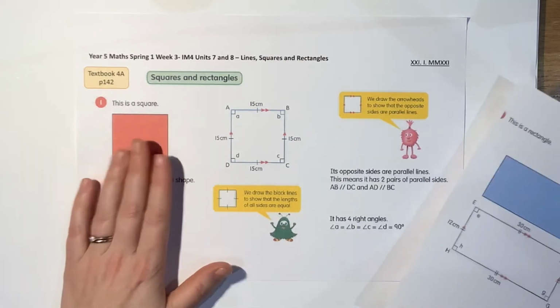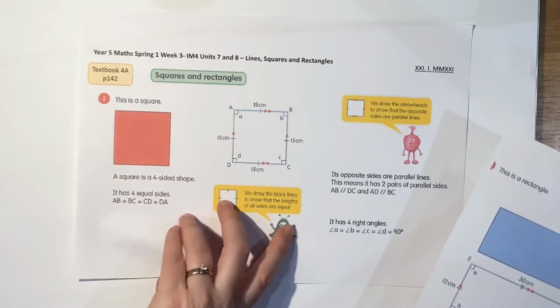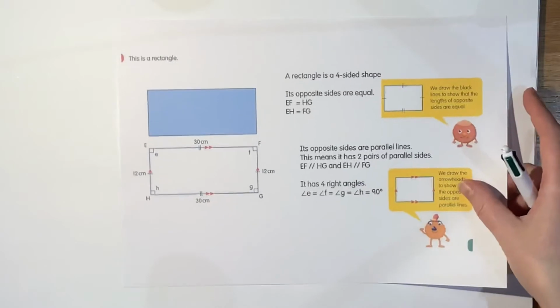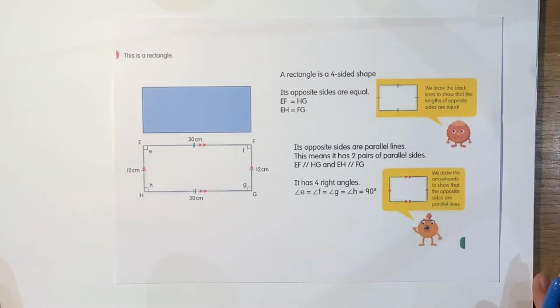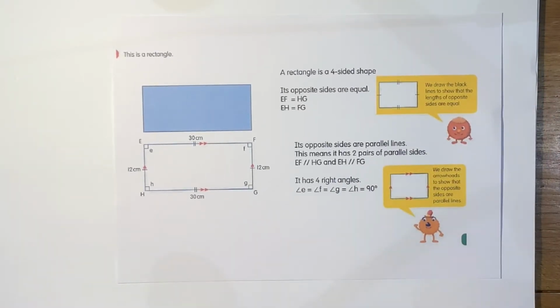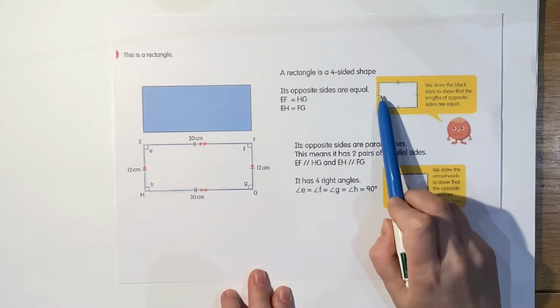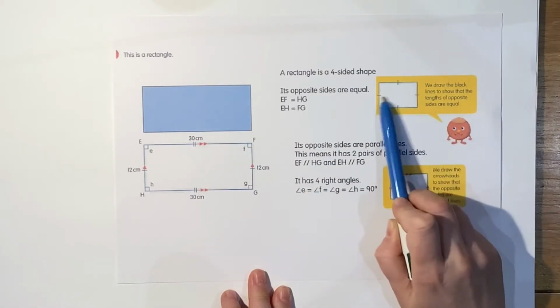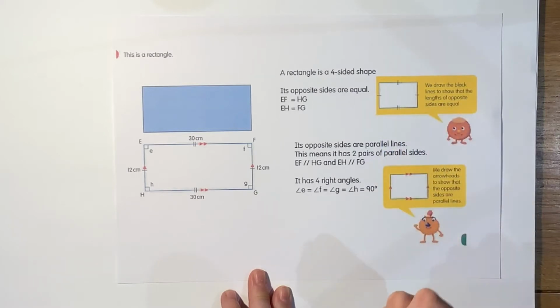A square is a special type of rectangle, but there are other rectangles, and this is an example of one. So let's have a look at it, and think about how it's the same and how it's different. A rectangle is also a four-sided shape. Its opposite sides are equal. So we do one line to those two sides because they're the same length.